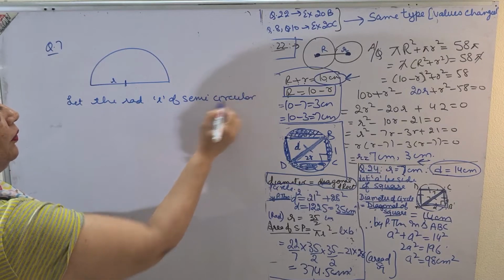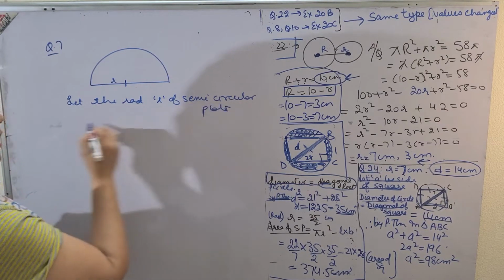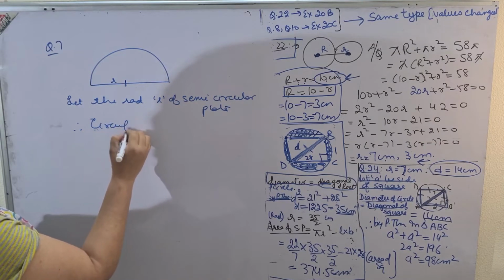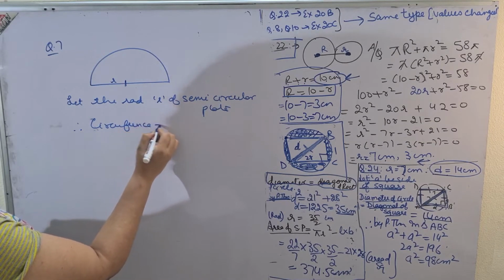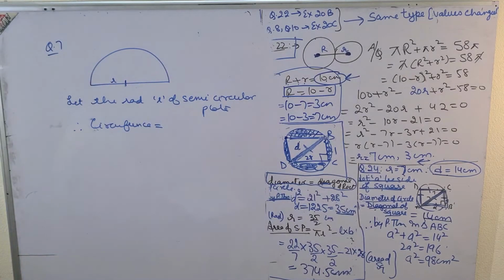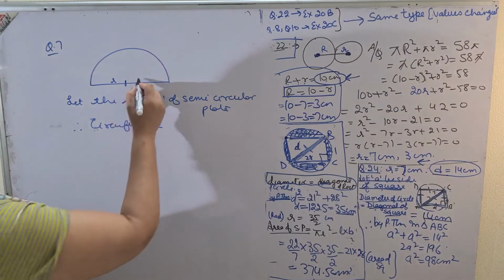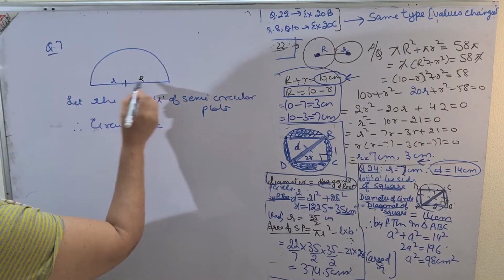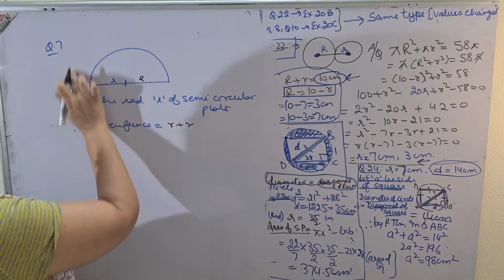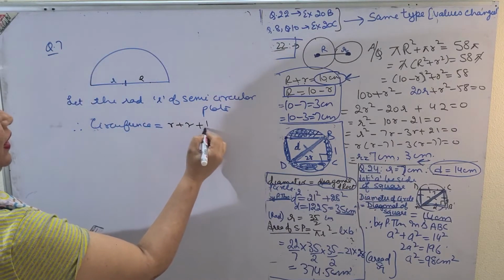Therefore, perimeter, or you can say circumference, as we take the word circumference for the circle, circumference will be equal to the full boundary, you have to take all round boundary, r plus r, that will cover your diameter, plus half of 2 pi r.